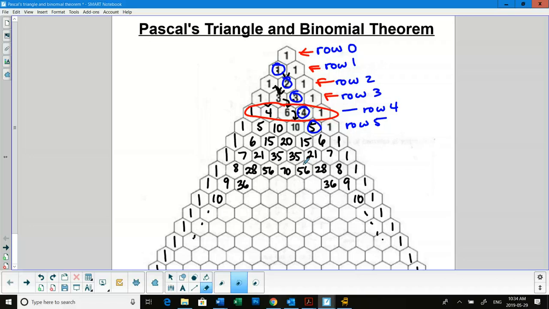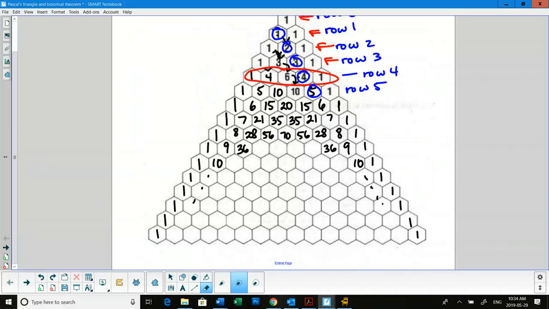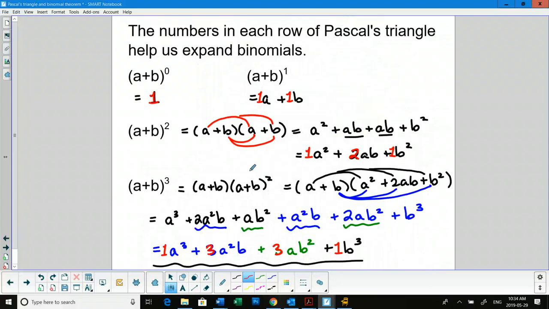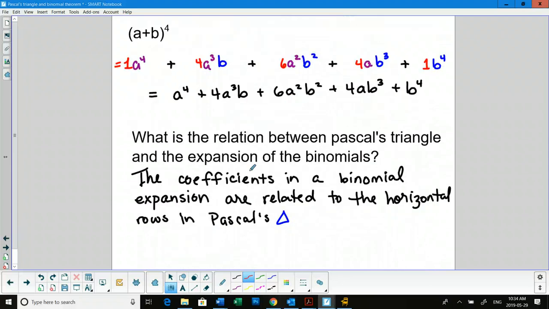Will we ever do the entire bottom row? Well, technically Pascal's triangle actually continues forever. Like I ended yours at 15 here, but it actually goes forever. The entirety of the one that you give us? No, no. We're only going to do basic expansions.